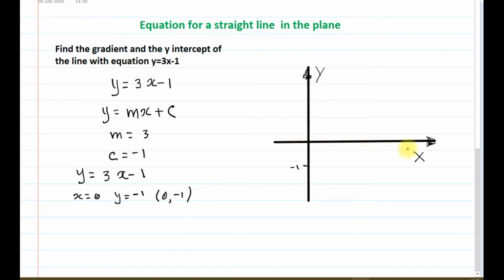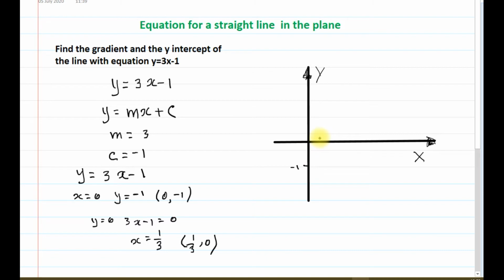Now the next point I choose is where along the x-axis y is 0. If I substitute y is equal to 0 in the above equation, I'll get 3x minus 1 is equal to 0, which gives me x is equal to 1 over 3. That means the point (1/3, 0) is also on the line.